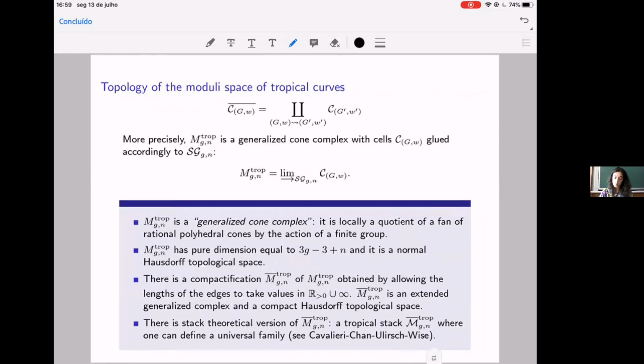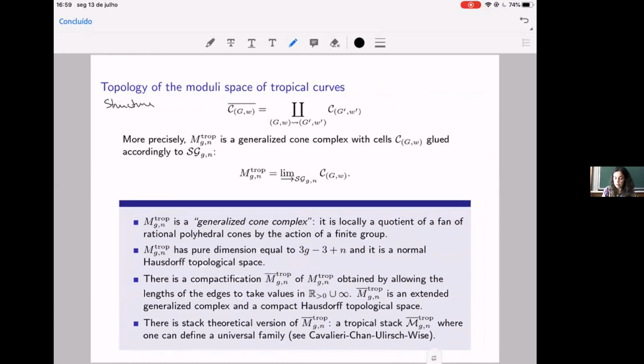So now we can try to give this set a little bit more structure. So this should be the topology and structure of the moduli space of tropical curves.